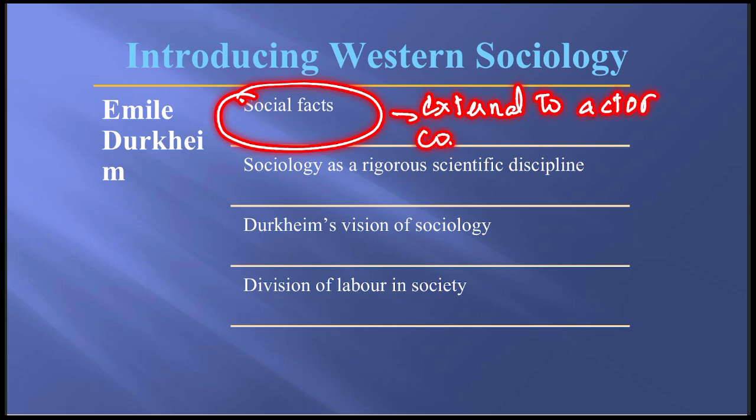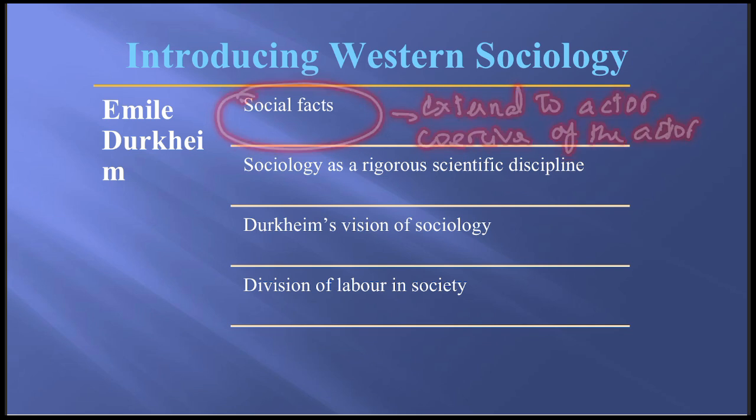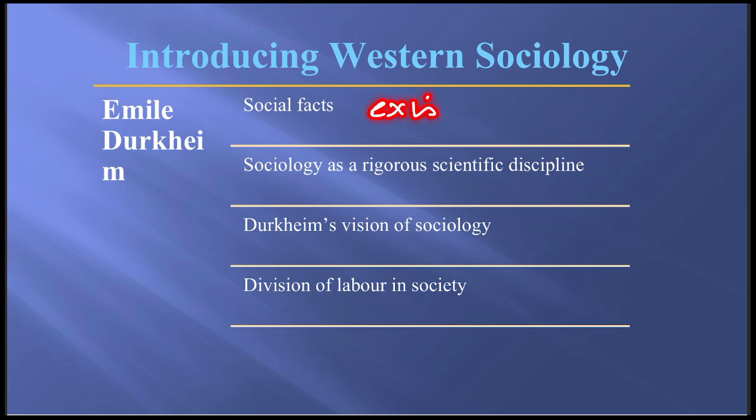And these are created from collective forces and do not emanate from the individual. Social facts may not seem to be observable, but they exist as a moral community over and above the individual, and these persist across generations.